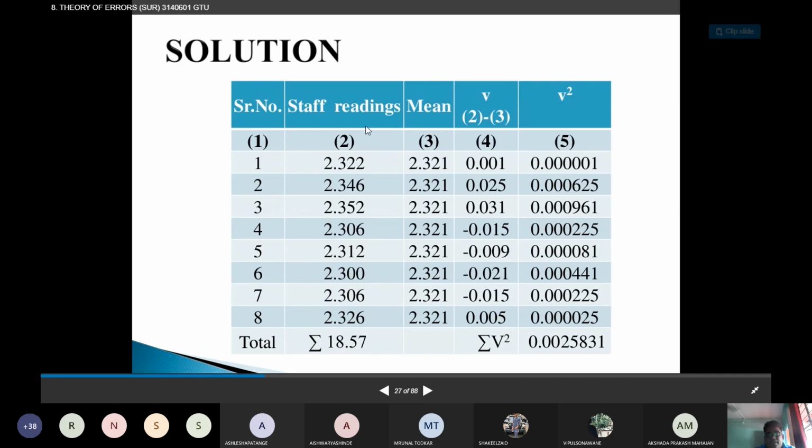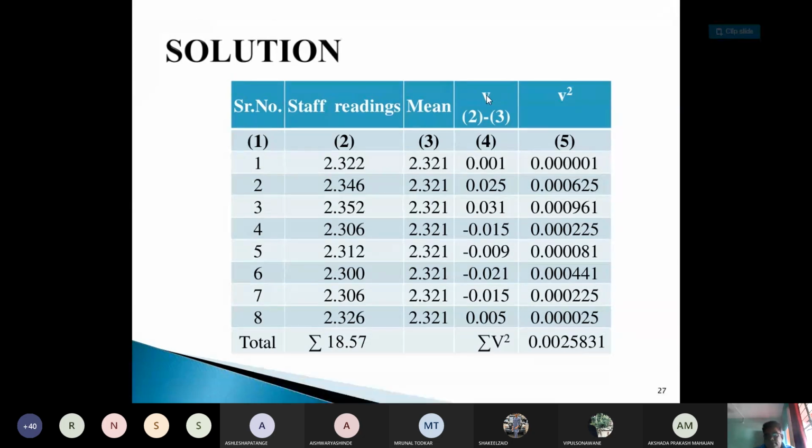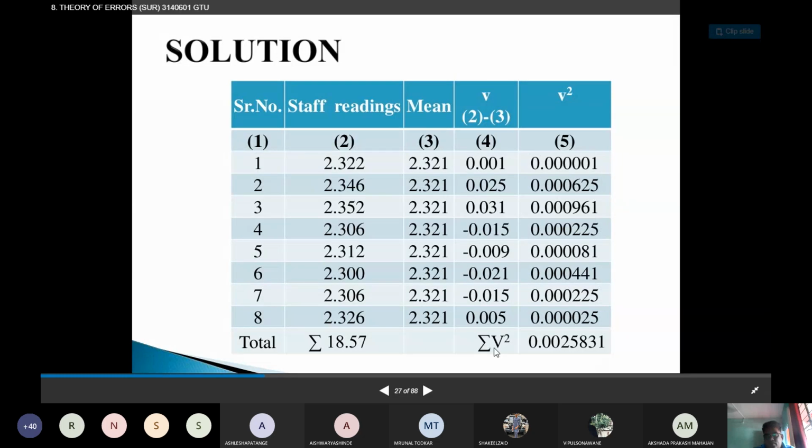So the solution: the staff readings you have taken. You have to find out the mean value, and then the staff reading minus the mean value gives the v value, that means the single observation's error. Find out the summation of v square.